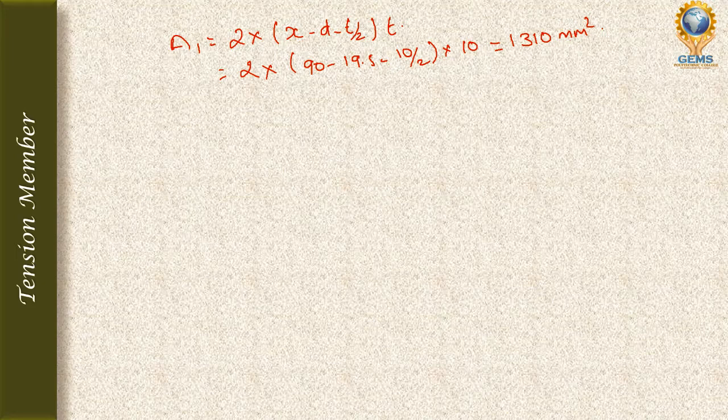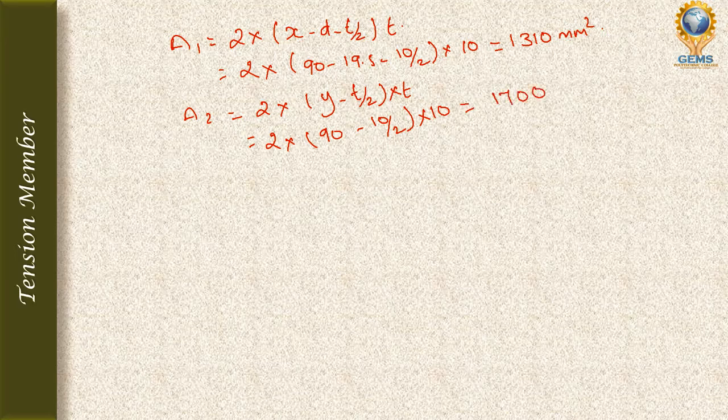Then A2. A2 is 2 times (y minus t by 2) into t. So 2 into (90 minus 10 by 2) into 10, it will come to 1700 mm square. So we have found A1 and A2.